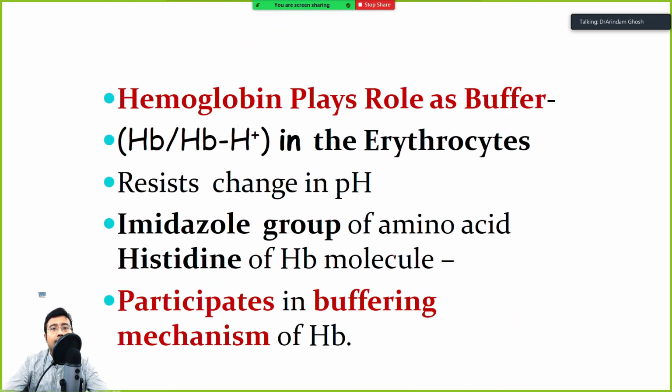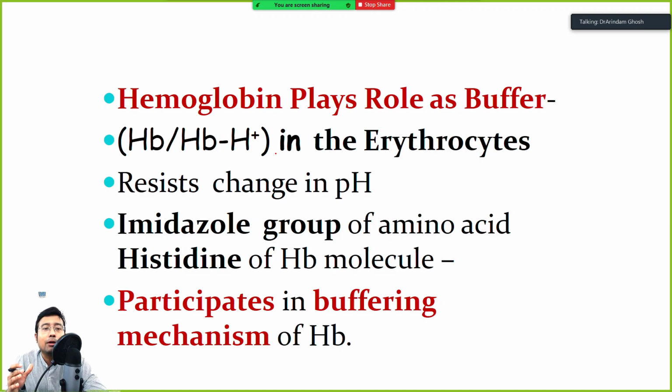Okay. So remember histidine, the amino acid. You need to remember all the side chains of amino acids I told you, and I hope you remember that histidine has an imidazole ring. So you see, one application of one chapter is getting applied to the next one, right? So hemoglobin plays a role as a buffer. I have discussed in detail what a buffer is, how everything happens in the buffer system, pH, acid base balance, everything.